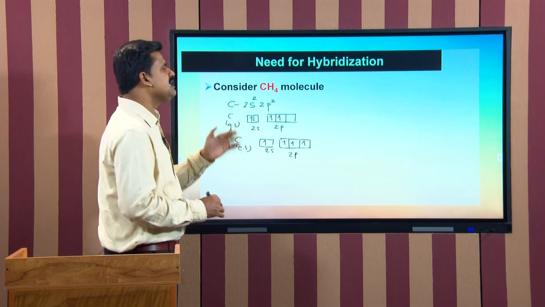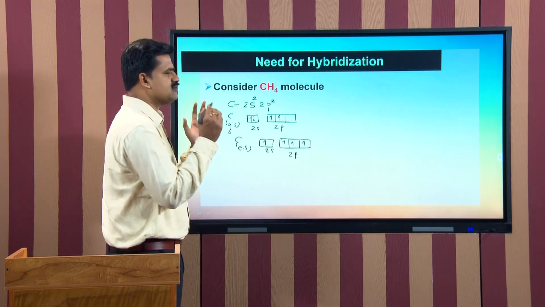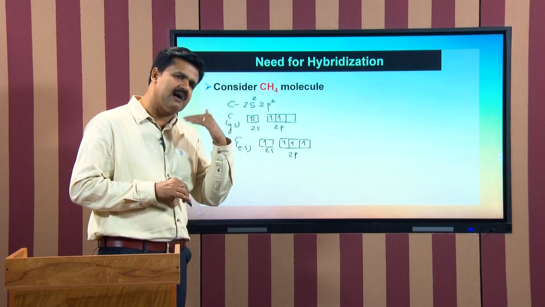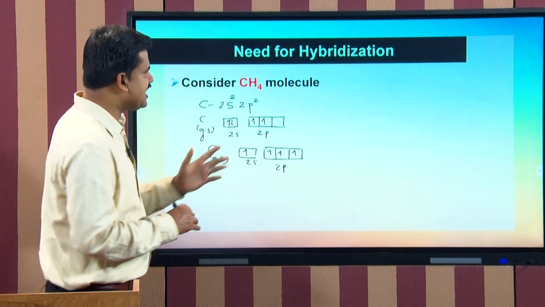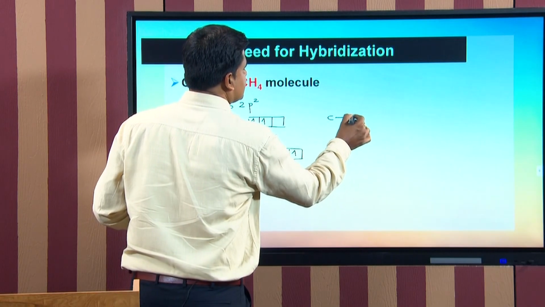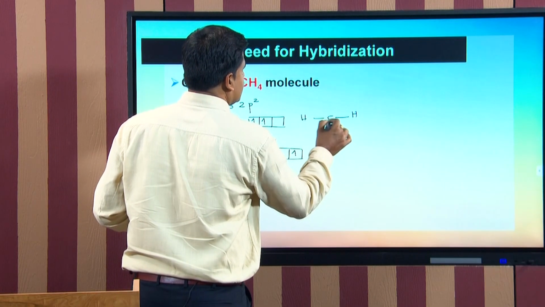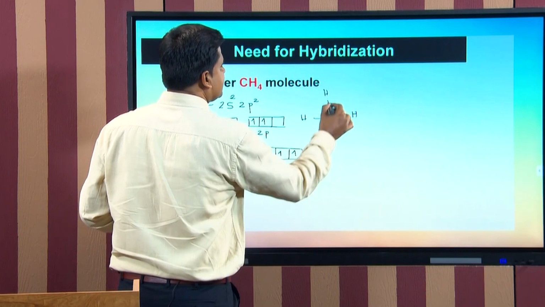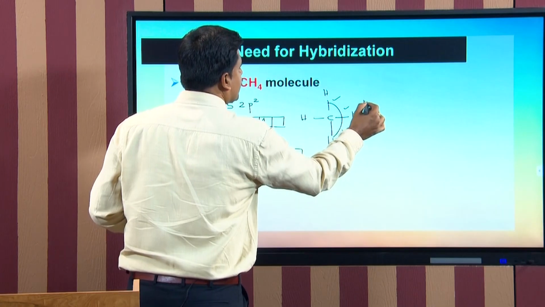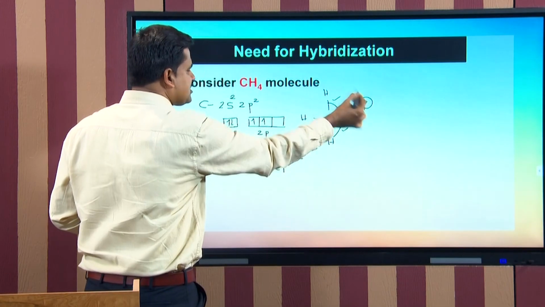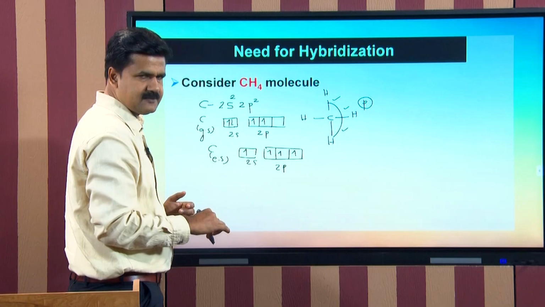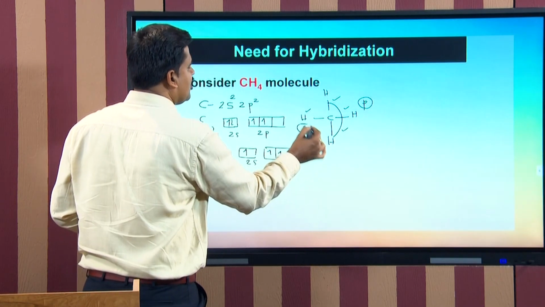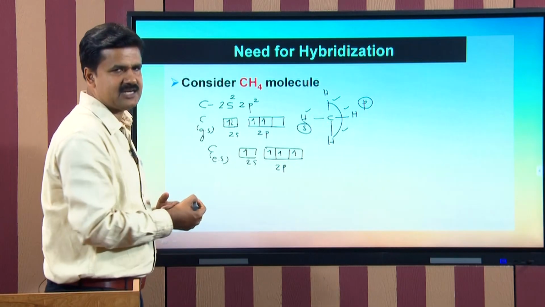But if the CH4 molecule is formed without intermixing of 2s and 2p orbitals, or without sp3 hybridization, 3 of the 4 CH bonds would have more p character because they are formed from 2p electrons, and the other one would have more s character because it is produced from a 2s electron.